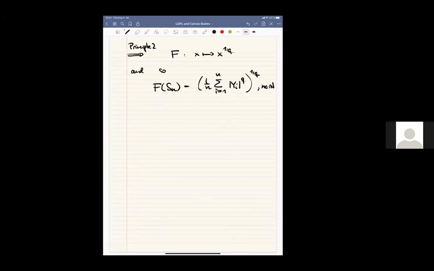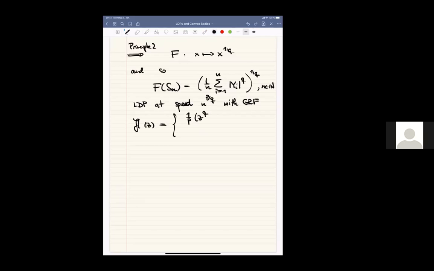This satisfies an LDP at speed n to the p over q, with good rate function given by J of z being 1 over p z to the q.